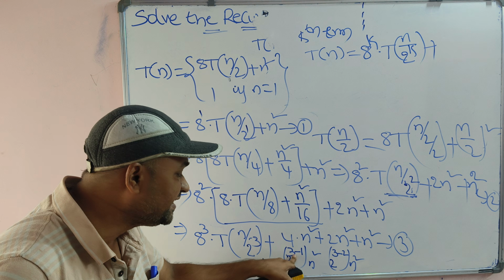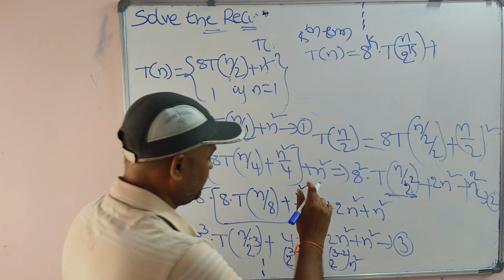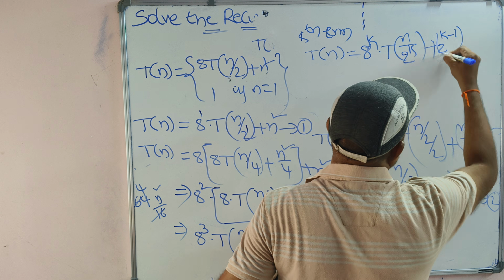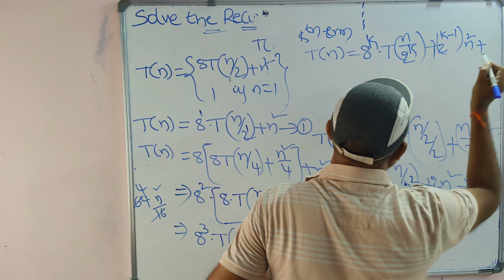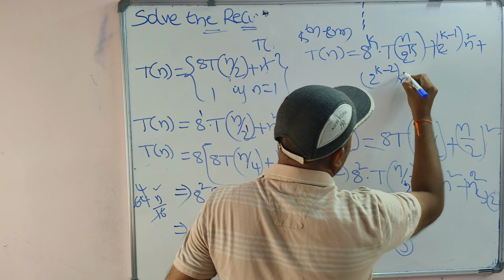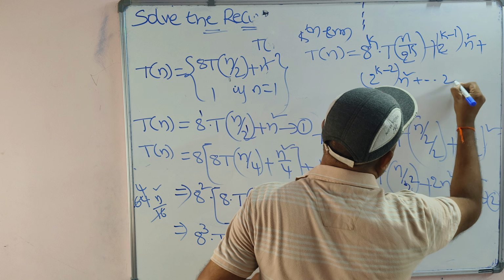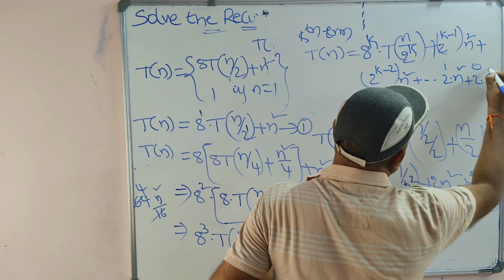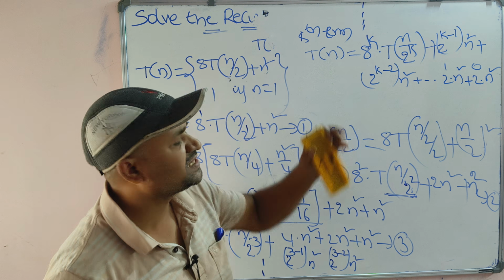So here what is this 3? This 3 is nothing but k. So we can write this as 2 power k minus 1 into n square plus 2 power k minus 2 into n square, and so on, 2 power 1 into n square. The last one is 2 power 0 into n square. So this is nothing but the kth term.